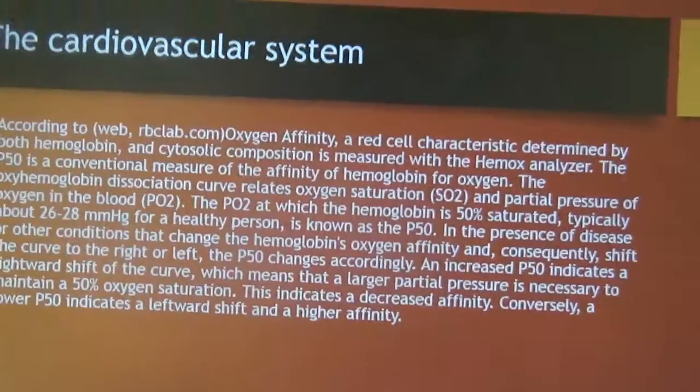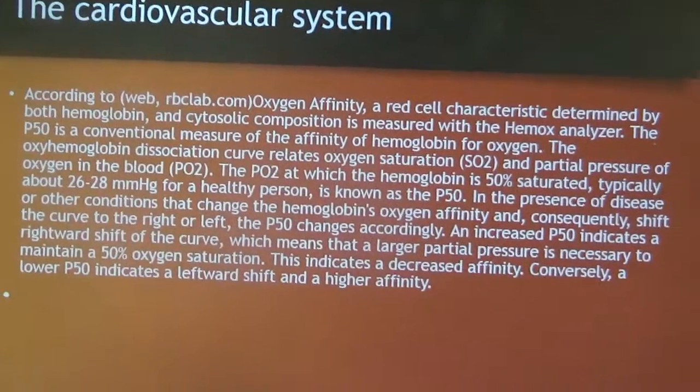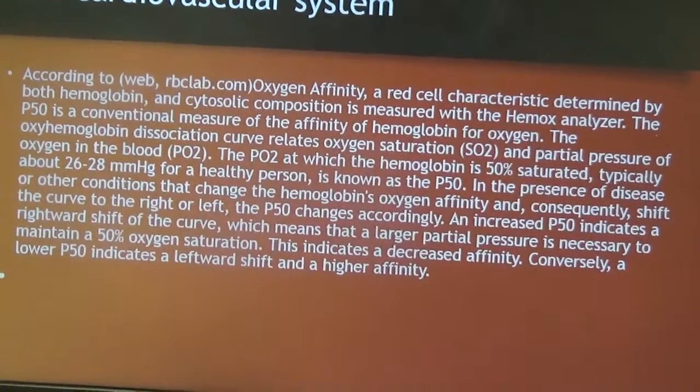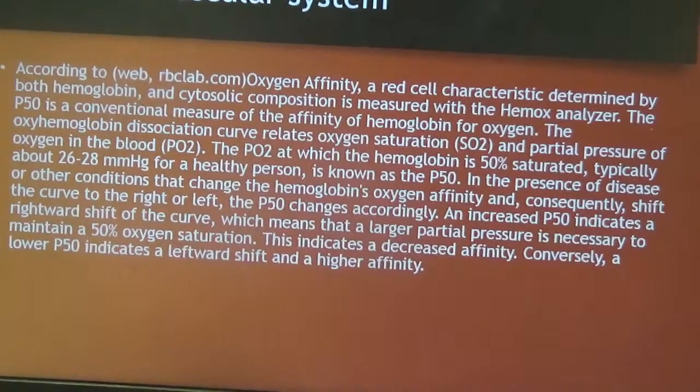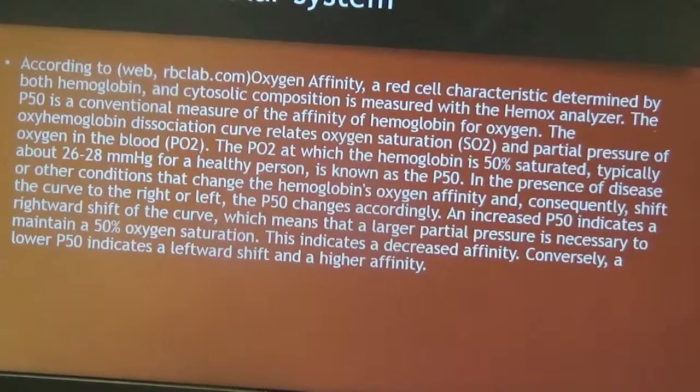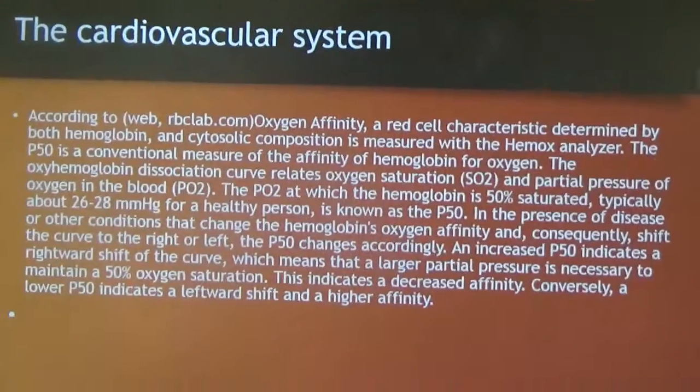According to the following website, oxygen affinity is a red cell characteristic determined by both hemoglobin and cytosolic composition, and is measured with a Hemox analyzer. The P50 is a conventional measure of the affinity of hemoglobin for oxygen.